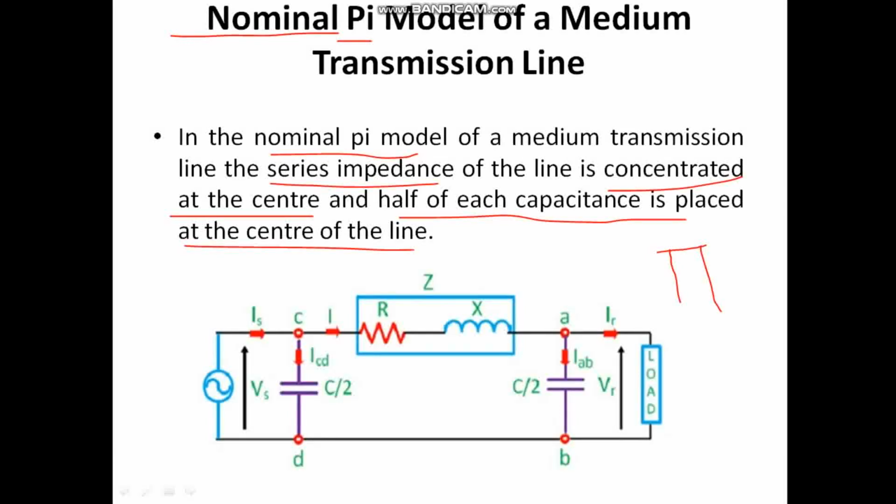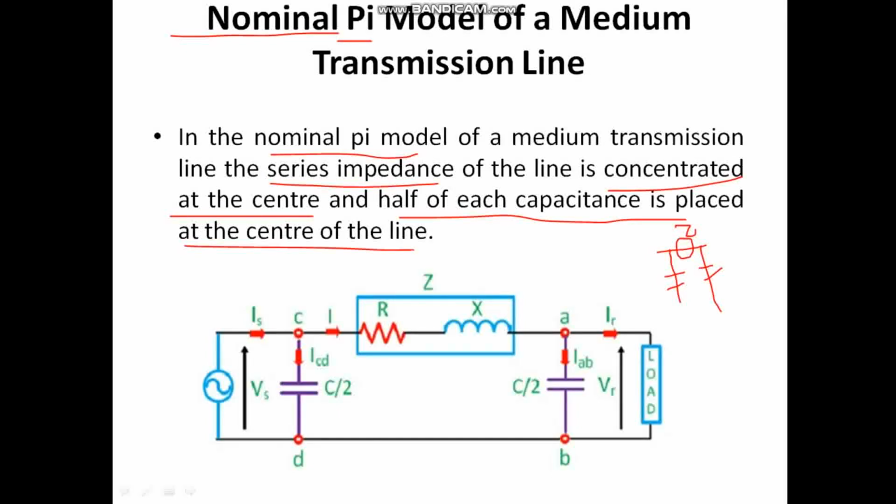So in pi, what is the essence? The series impedance of the line is concentrated at the center. If you see this, here I have R plus jXL, which is my total Z. However, my capacitance I have put at the two ends.